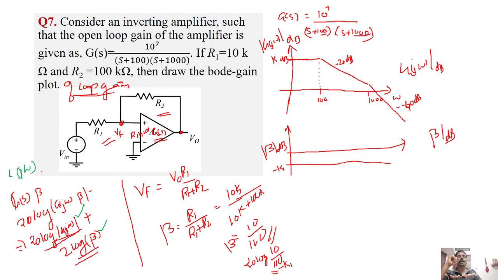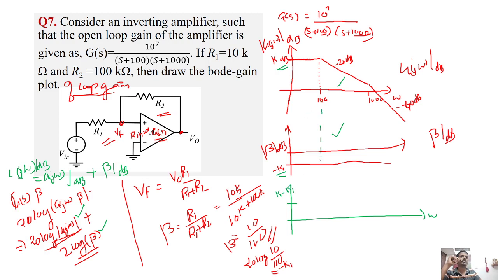We just need to add G of j omega in dB and the feedback gain beta in dB. If I draw it here, it will be the summation of this and this. Since it is minus k1, it will start at some initial value, k minus k1 dB.